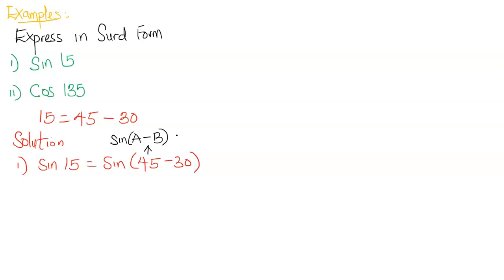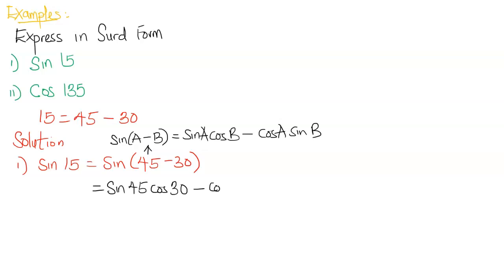And of course, we know what sine A minus B is. It's sine A cos B minus cos A sine B. Thus, sine 45 minus 30 in brackets would be sine 45 cos 30 minus cos 45 sine 30.